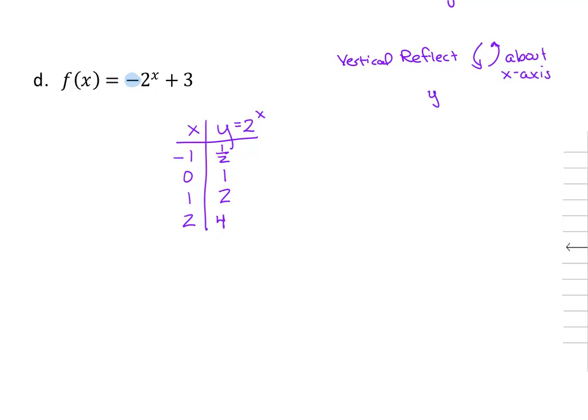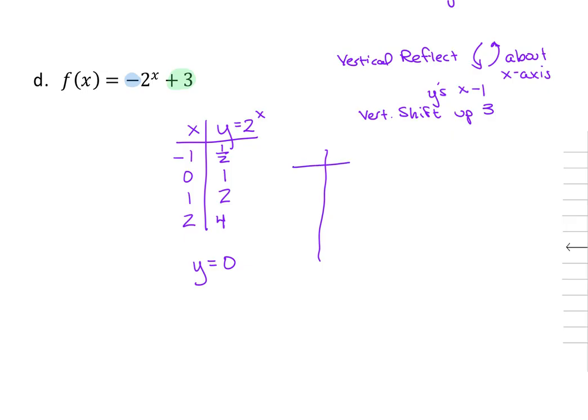But remember that all this means is we are going to multiply our y's times -1. The second thing we have is an add 3. And so after we change the signs of our y's, we want to shift up 3. Our original horizontal asymptote is 0. And so now let's go ahead and see what happens to this.